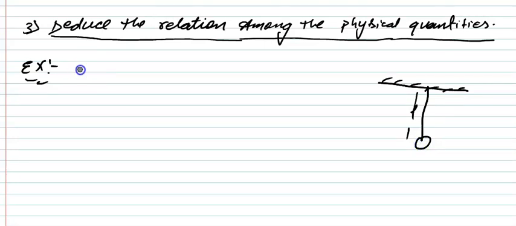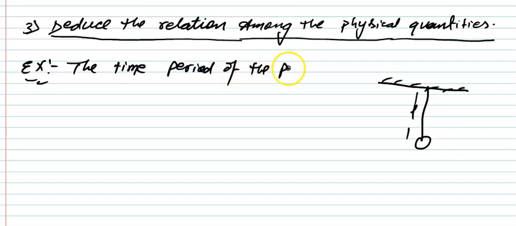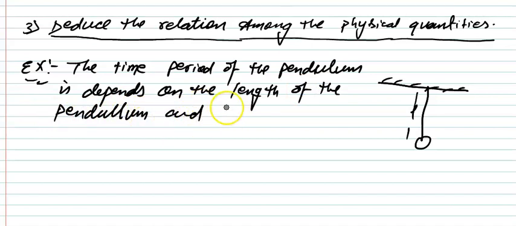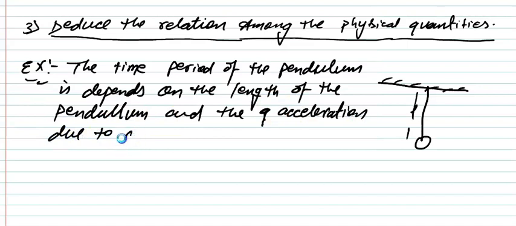It is given that the time period of the pendulum depends on the length of the pendulum and the acceleration due to gravity.